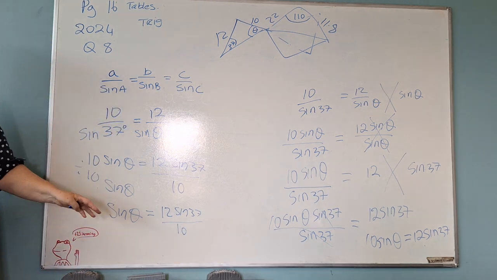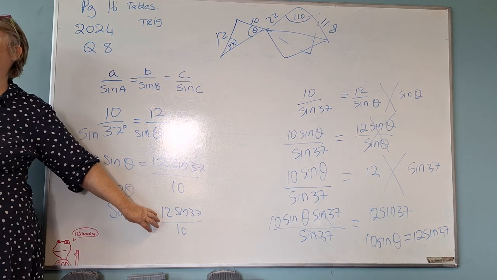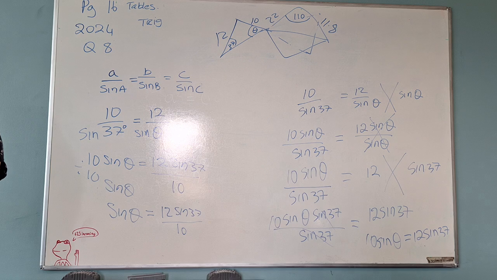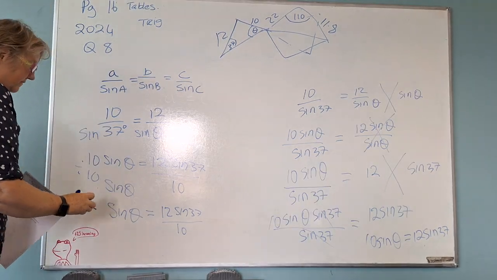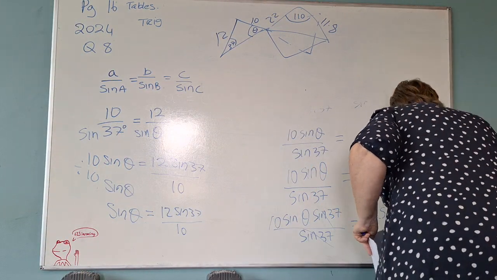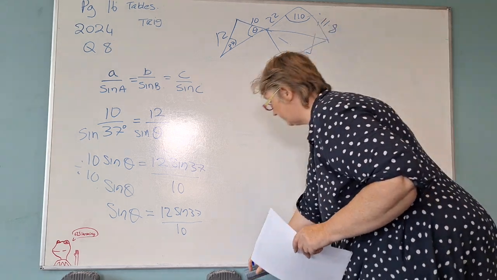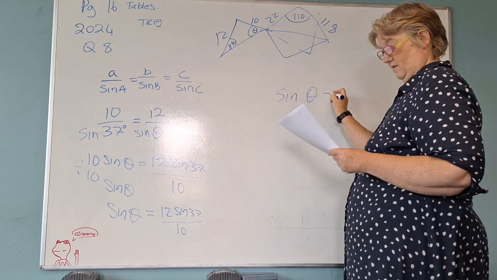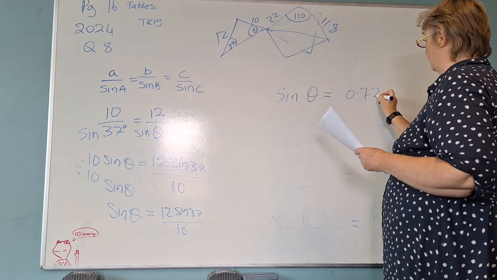Now, just put all of that as a fraction into your calculator. You don't do anything, your calculator does it. When you put that into your calculator, you'll find that the sine of theta is equal to 0.722.